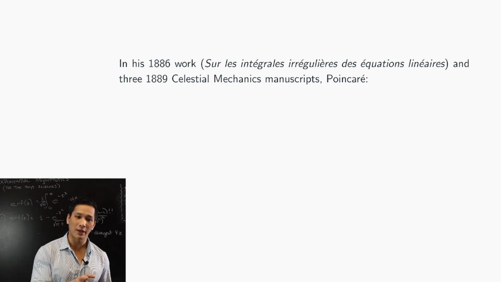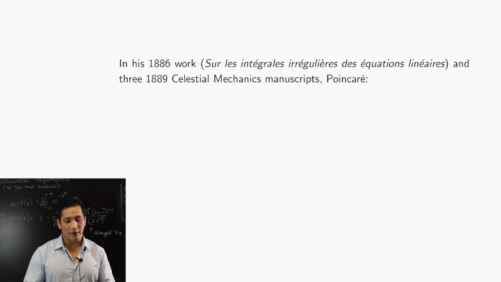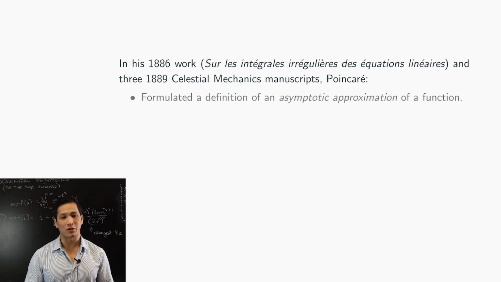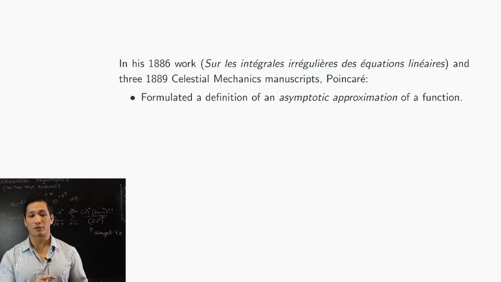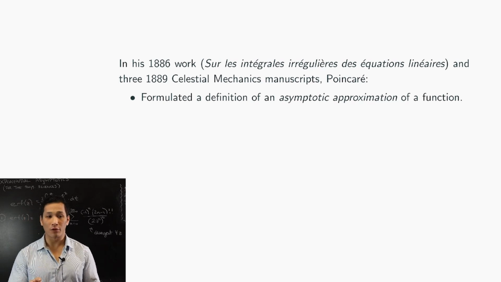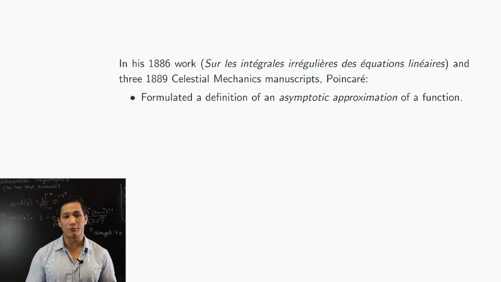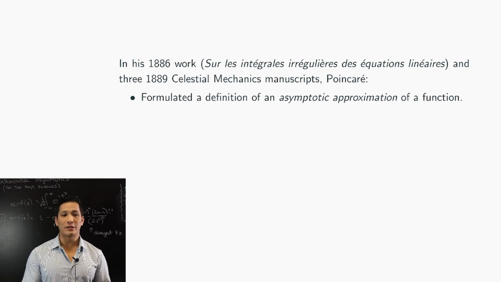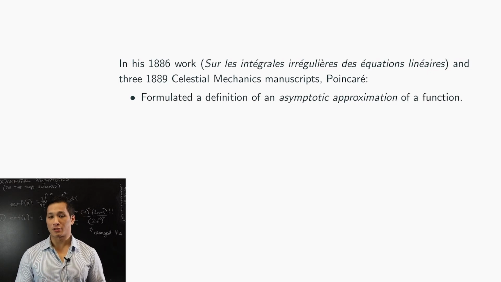So he had an earlier work in 1886 that eventually also led to some of these later large manuscripts. And in these works, as it pertains to asymptotic expansions, he did a few things. One of the key things he did was that he formulated a clear definition of an asymptotic approximation of a function.